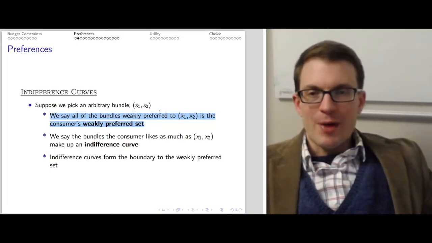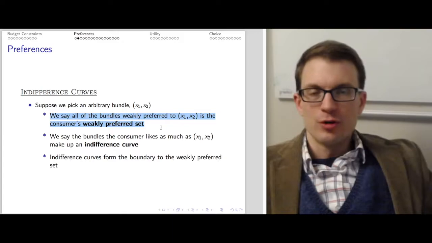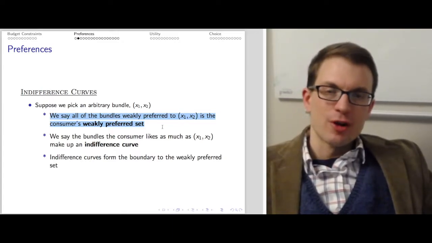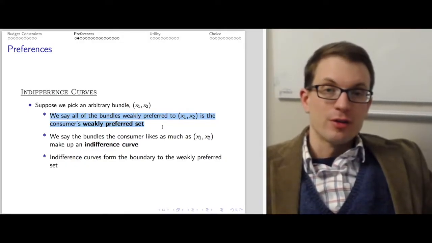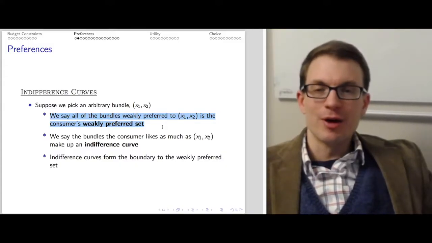Well, this goes back to thinking about inequalities. If we have a strict inequality, that's something like greater than or less than. Those are things that are definitely bigger, definitely smaller than whatever number we're talking about. So that's a strict statement.